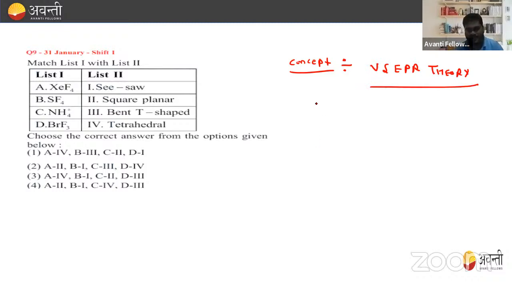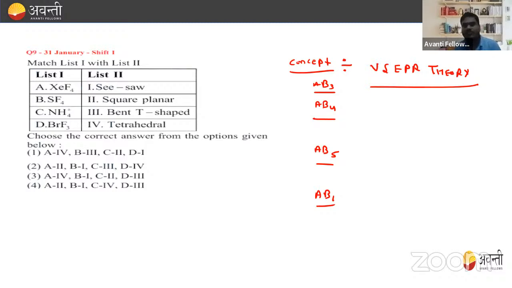Just remember one thing. Either it will be AB4 type, AB5 type, or it may be AB3 type also. Or one more is AB6. So what are these AB3, AB4, AB5, AB6? These are the types of molecules we have.